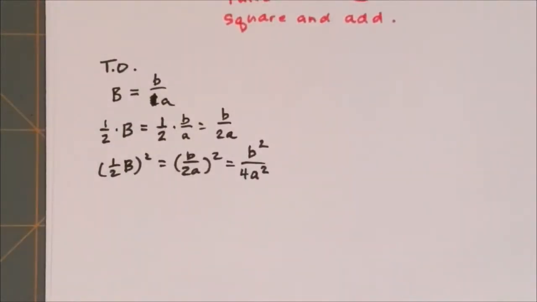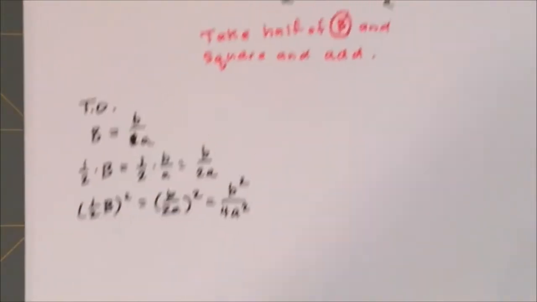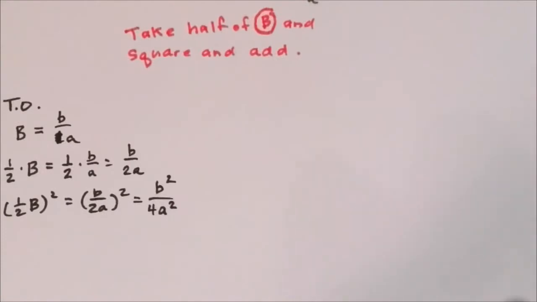Okay? Now, time in. All right, so here we go. What am I going to do? I'm going to take half of b and square and add. So what I am going to do, and this is really important, this comes from my timeout, is add b squared over 4a squared to both sides. So I'm going to do this with two colors.